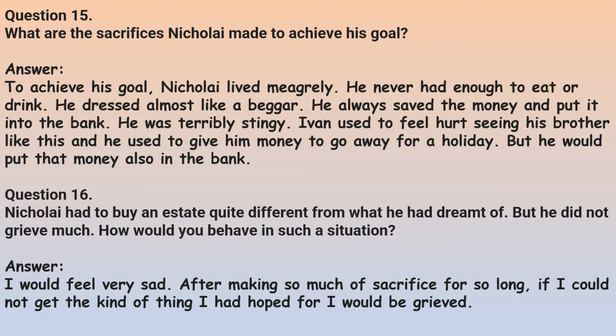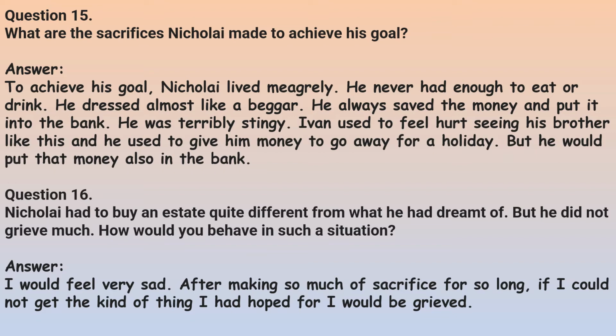Question number 15. What are the sacrifices Nikolai made to achieve his goal? Nikolai in the story has his own goal, and what are the sacrifices, hard work done by Nikolai to achieve his goal? To achieve his goal, Nikolai lived meagerly like a miserly person, not spending too much. He never had enough food to eat or water to drink.